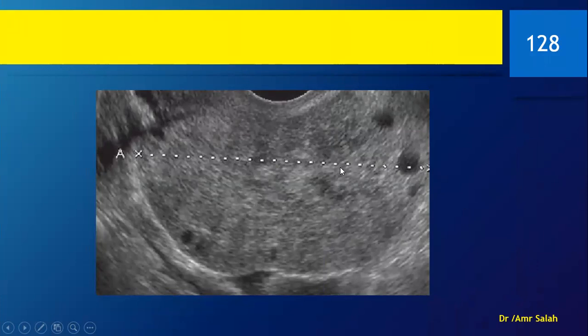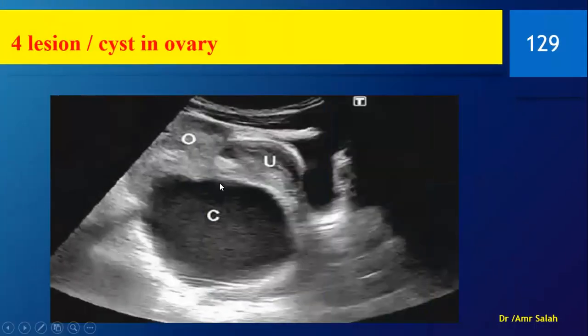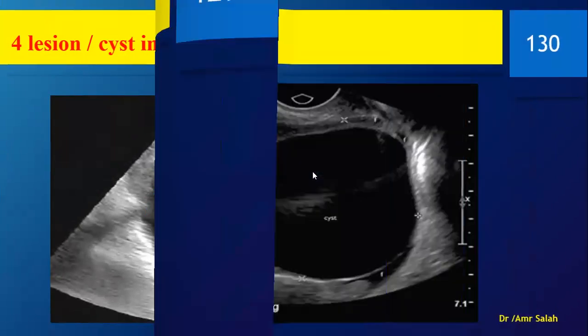The patient is having symptoms. She's having pain. And you can see as well a lesion in the ovary. You can see this big cyst in the ovary. This is one of the non-specific signs, because this is the cause that will make it twirl around itself.